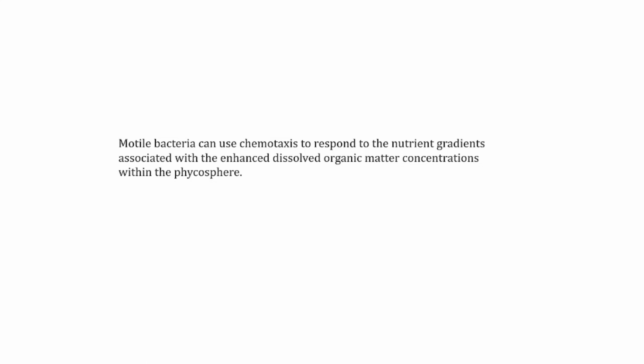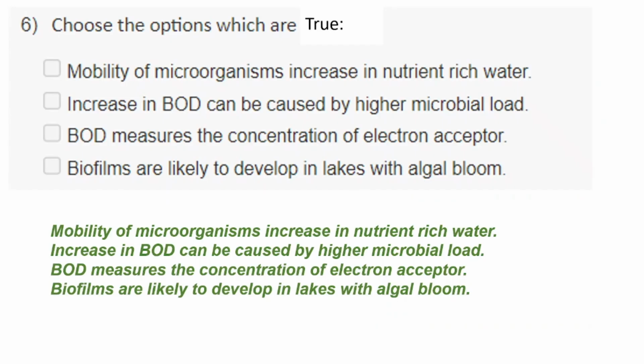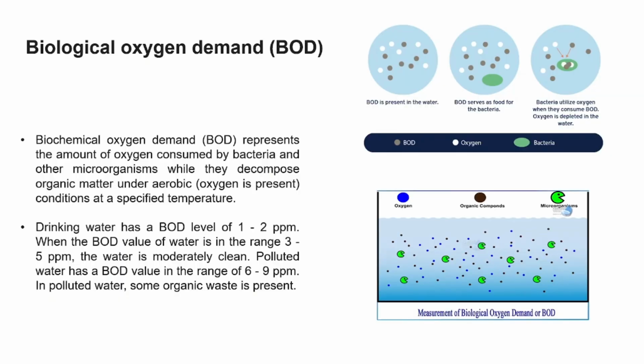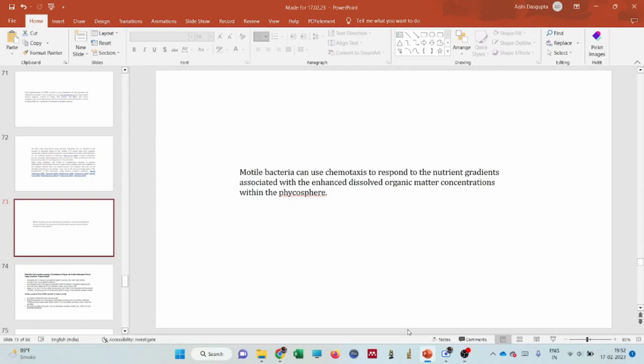So in that case, motile bacteria are using chemical signals to respond to nutrient gradients. So yes, in that sense, the first option is also true. In nutrient rich water, they'll respond to the nutrient gradients, and they'll henceforth be more motile.